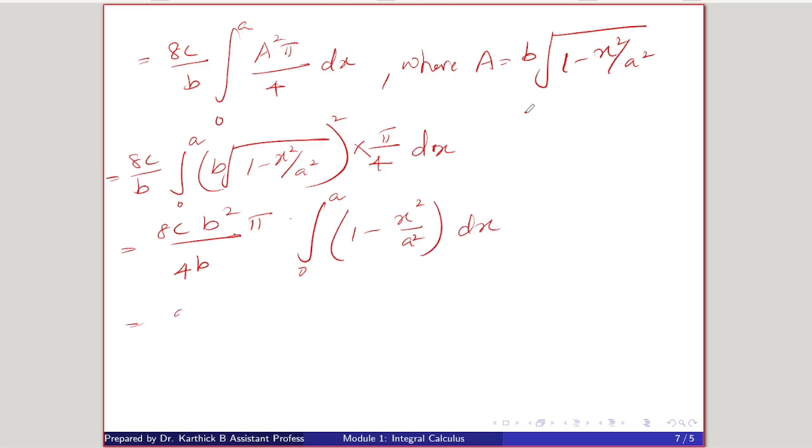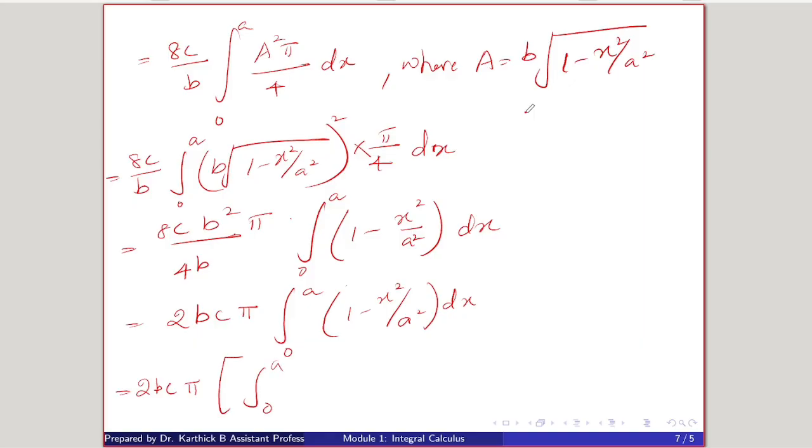So here it will be 2bc pi, then 0 to a, 1 minus x square by a square dx. Then we can split the term. It will be 0 to a dx minus 0 to a x square.